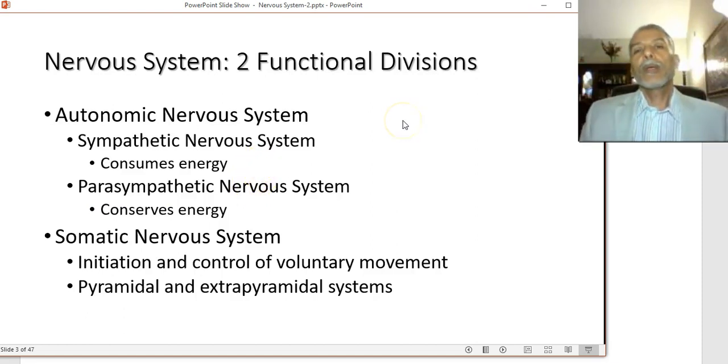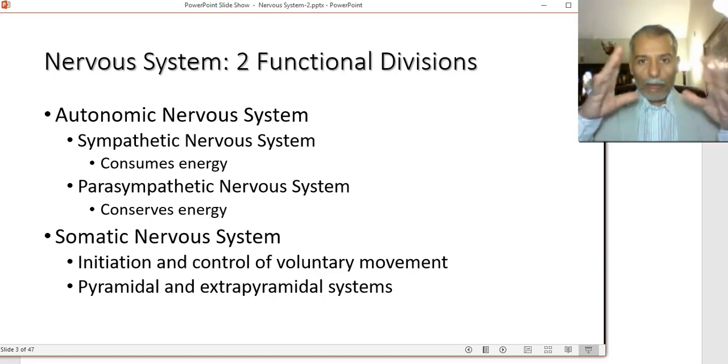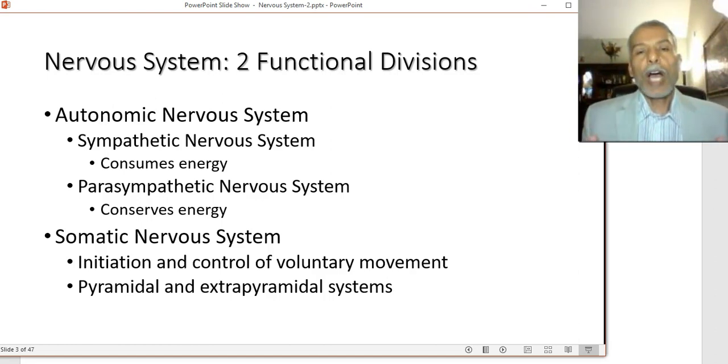In terms of function, the nervous system is divided into two major functional or physiological divisions. The first one is the autonomic. And you could see from the name, autonomic means it's like automatic. So that part of the nervous system that controls functions that you have no control over yourself.